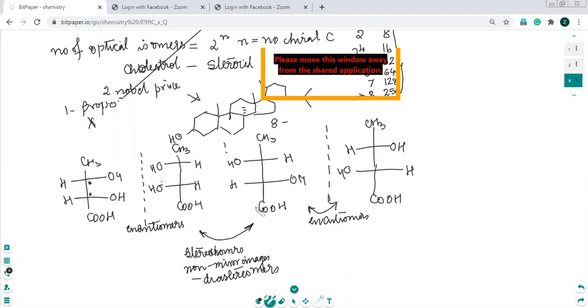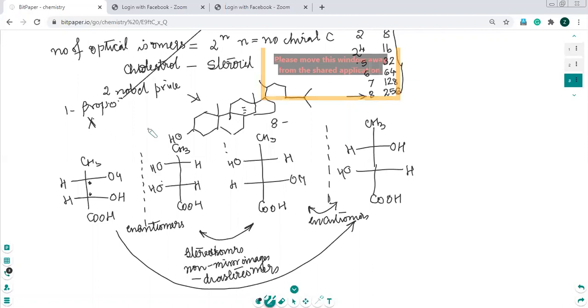So these two are diastereomers, and these two are also diastereomers. This and this, right? Similarly, these two, this and this are diastereomers.